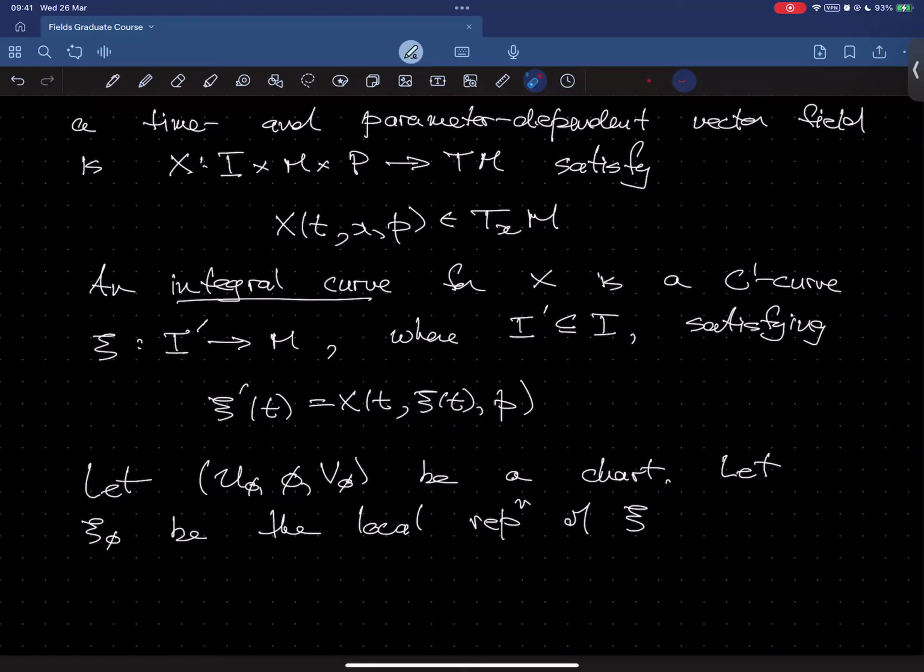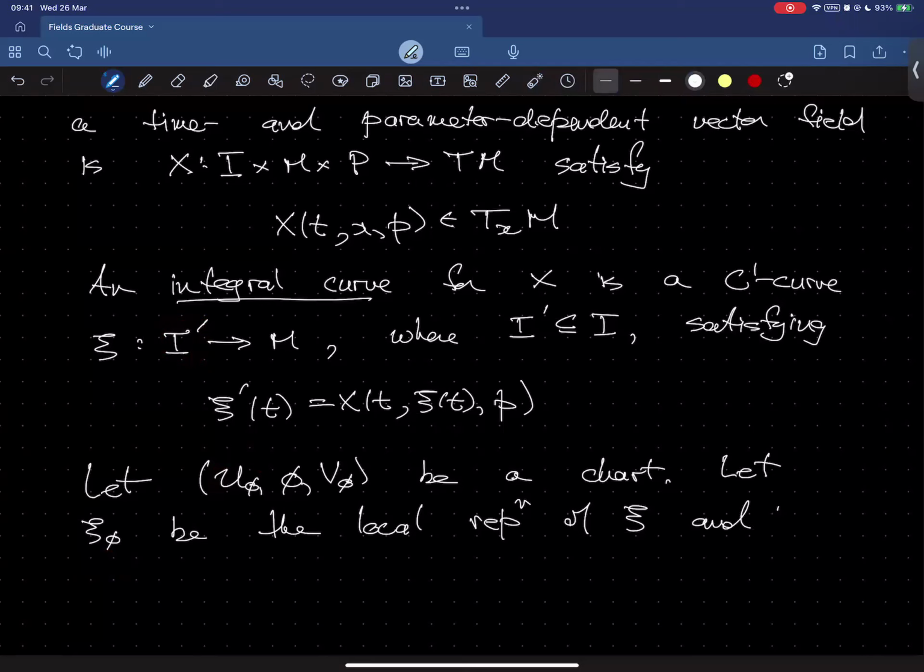So xi phi is going to be defined for a set of times. So may necessarily be a subset of I prime, but a set of times where the curve takes values in u phi. Okay, so I'm not writing all the stuff down to make sense of that, but you definitely have to do that.